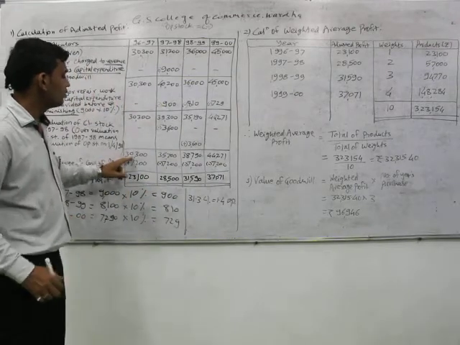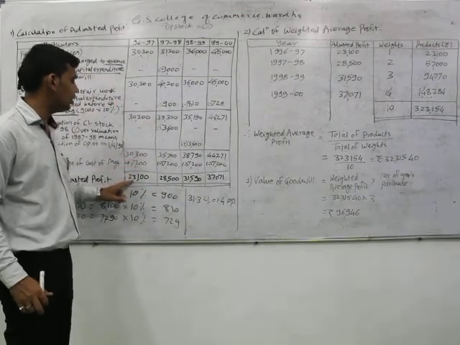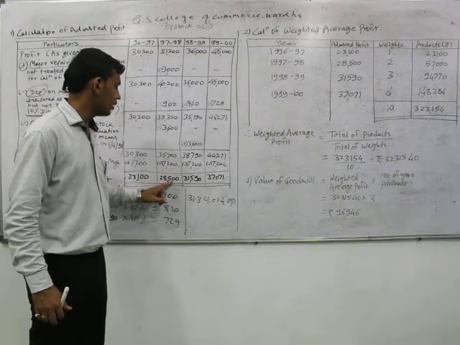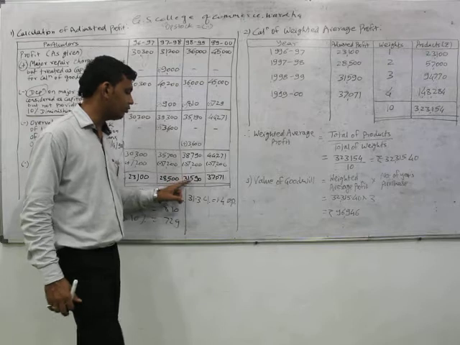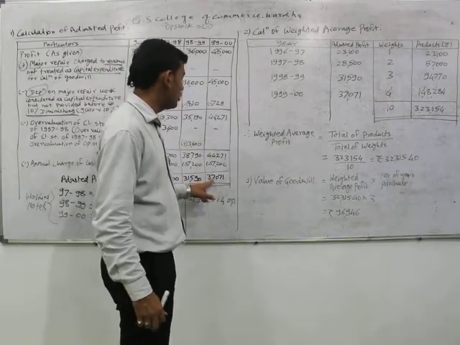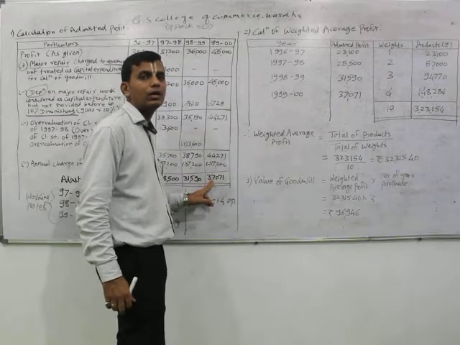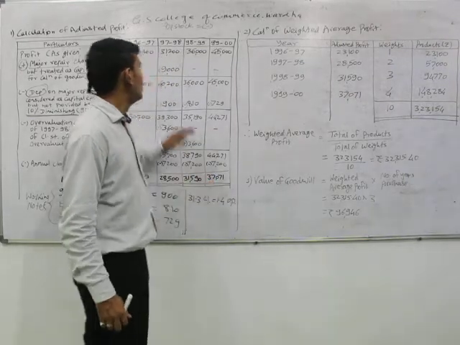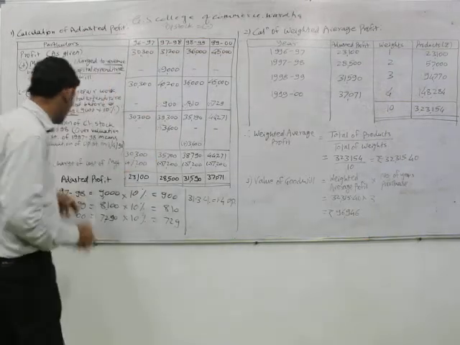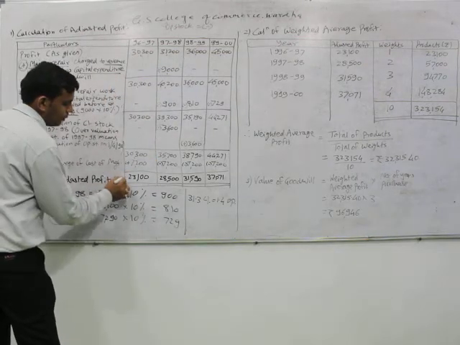That is why 30,300 minus 7,200 is 23,100. Similarly, for 97-98, 28,500. For 98-99, 31,590. And for the last year, it is 37,071.